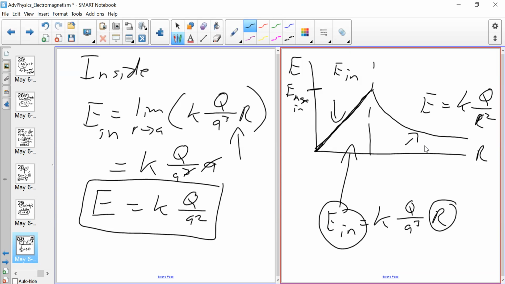So that's why it does that. Any questions? You see why that is? We see that this is linear versus 1 over r squared.